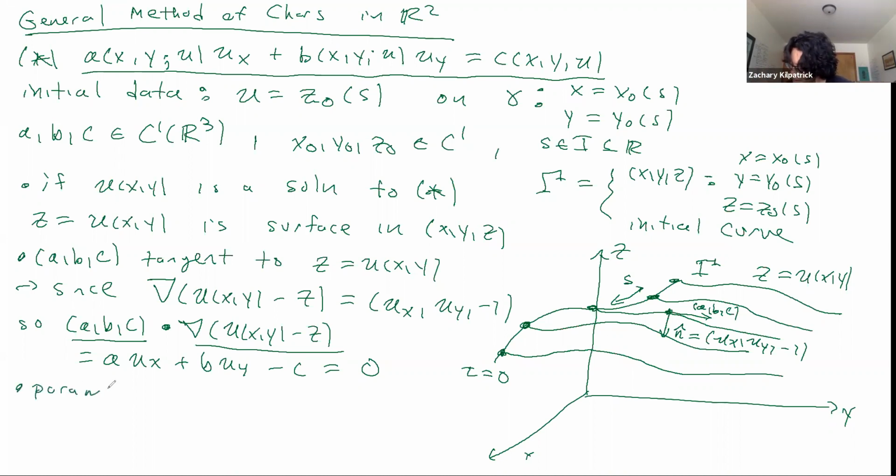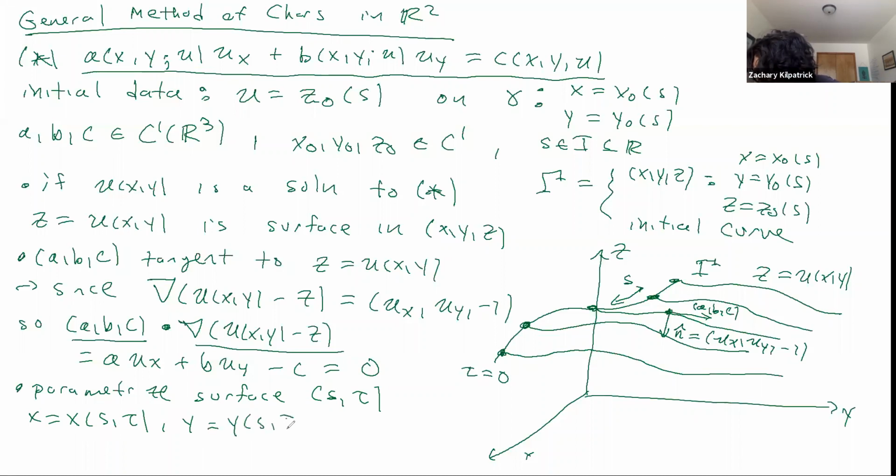So the idea is that we want to parameterize our surface first by these new variables s and tau, and x is going to be some function of s and tau. y is going to be some function of s and tau. And z is going to be some function of s and tau.